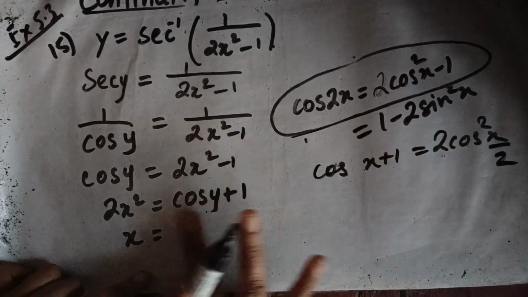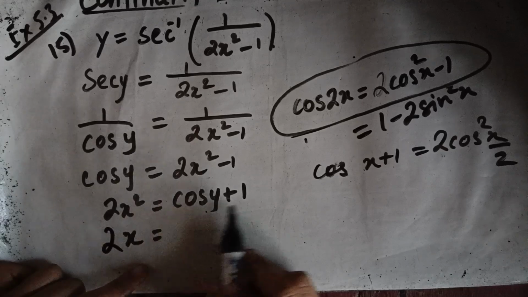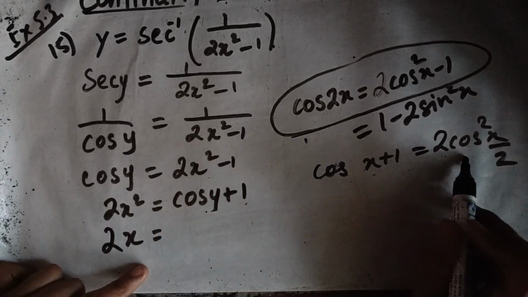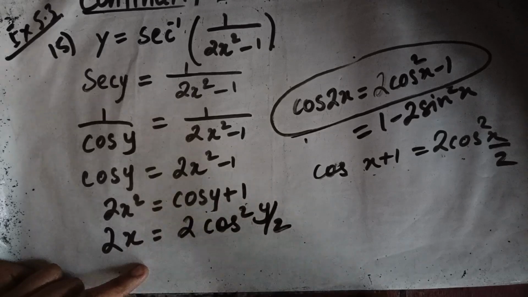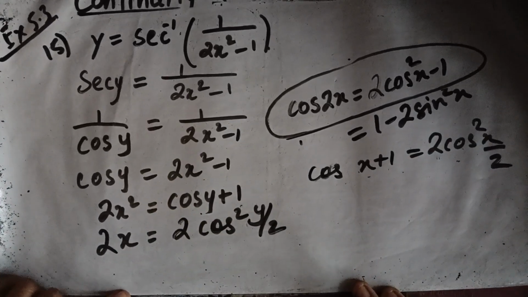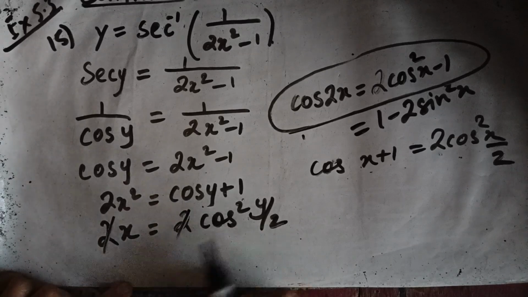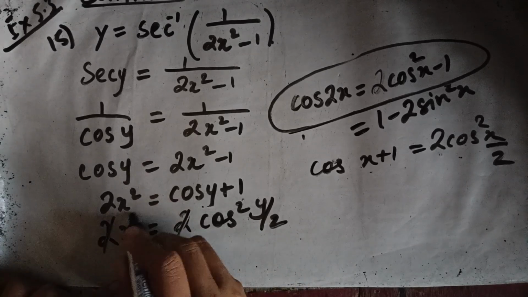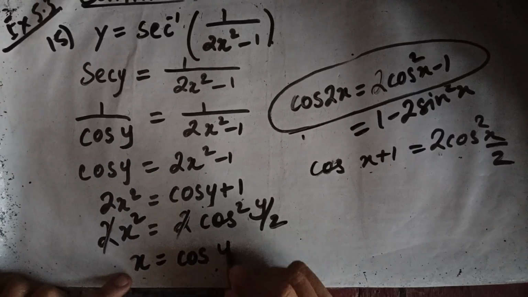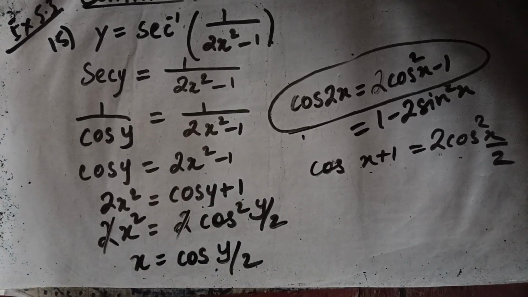Okay, so same way, if I write this 1 plus cos y as this, that is 2 cos square y by 2. Okay, then our x is cos square y by 2. This is x square, so x is cos y by 2. Okay, now you have to differentiate.